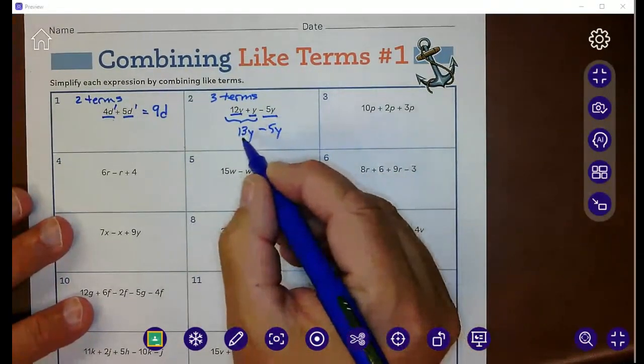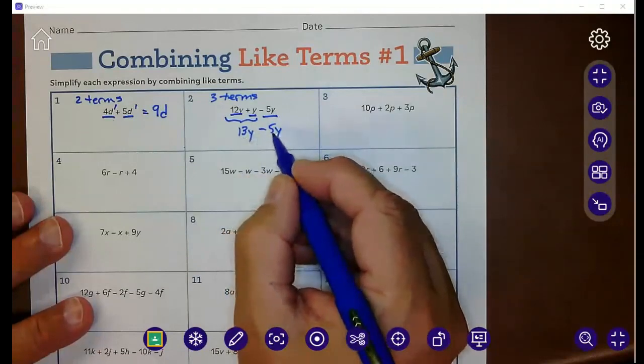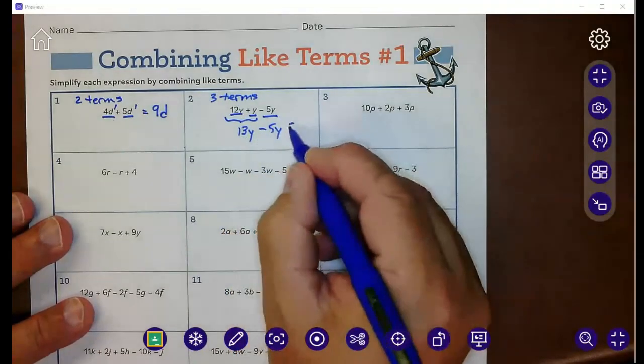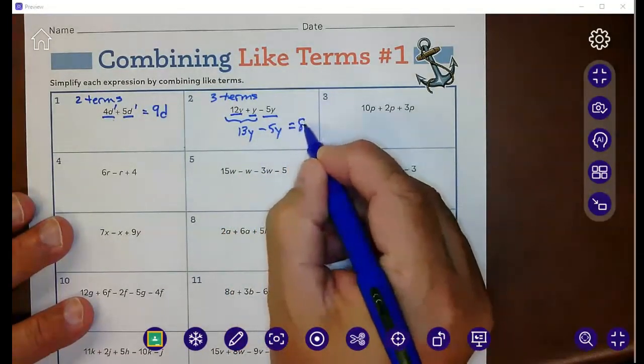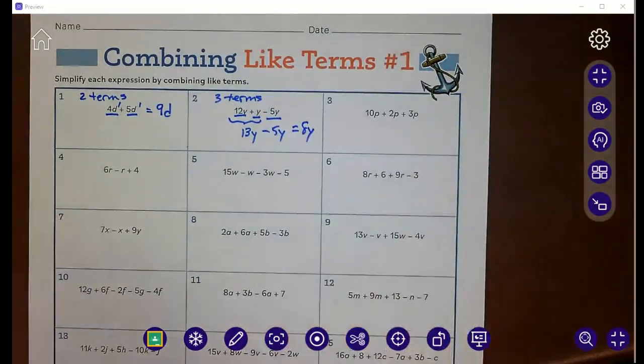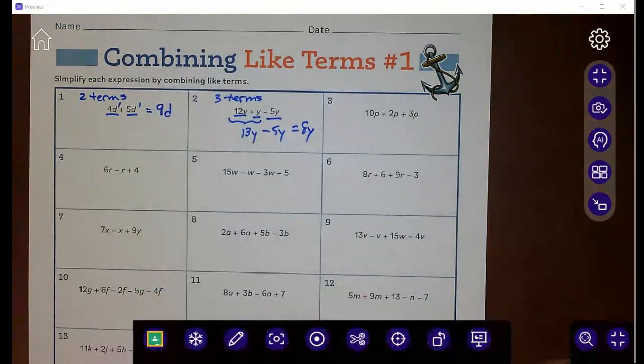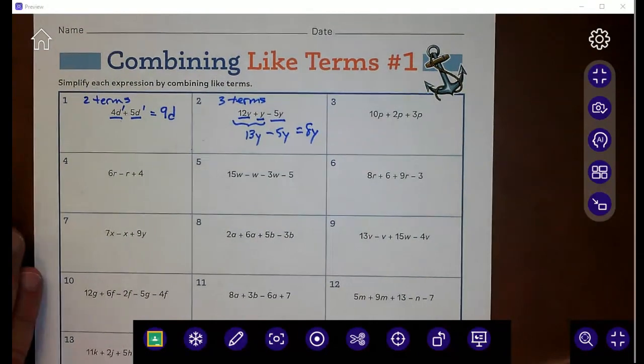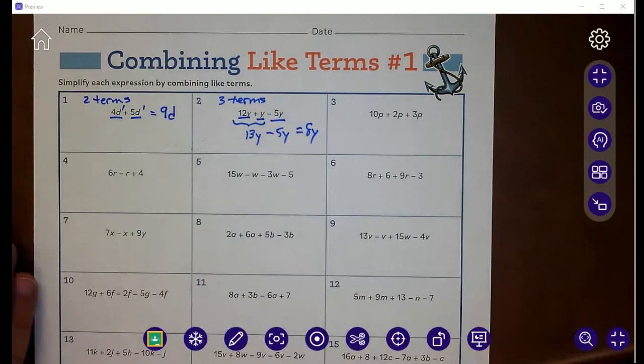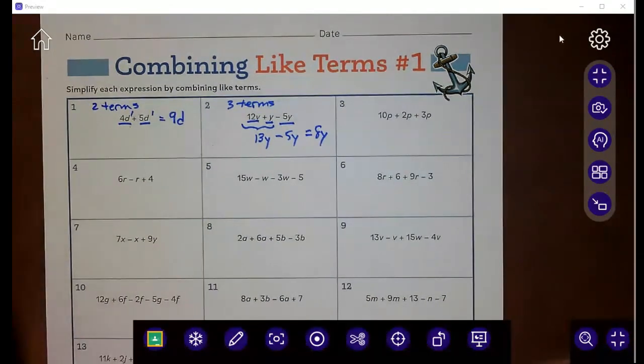So a positive 13 and a negative 5 gives me 8y. So I can put those together and combine all of those terms and get 8y.